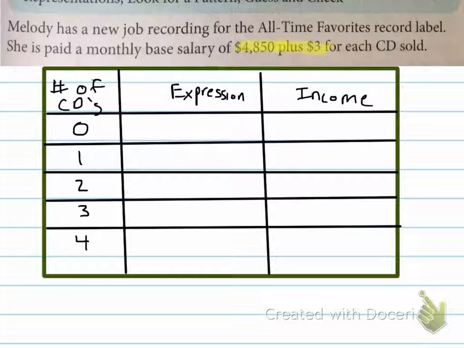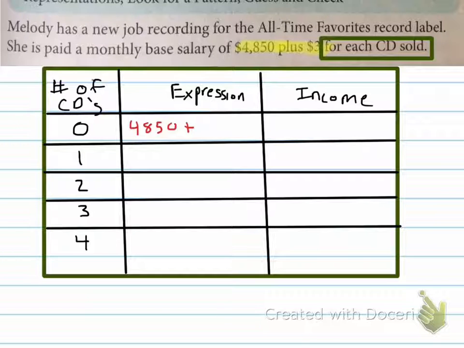Well, the first one, let's look at it like this. It's exactly what they say. If 4,850 plus 3 for each CD sold, that means this right here means we're going to be multiplying by it.